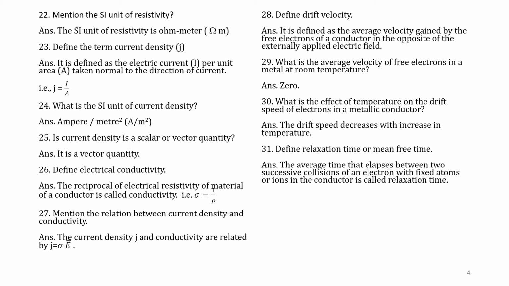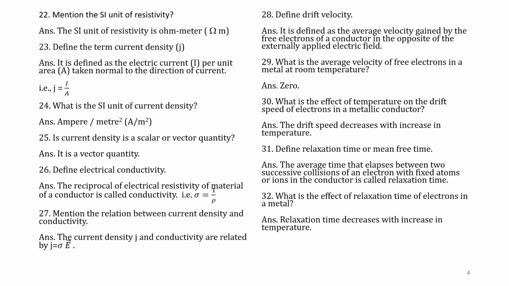The symbol for relaxation time is tau. Question number 32. What is the effect of temperature on the relaxation time of electrons in a metal? The relaxation time decreases with increase in temperature.